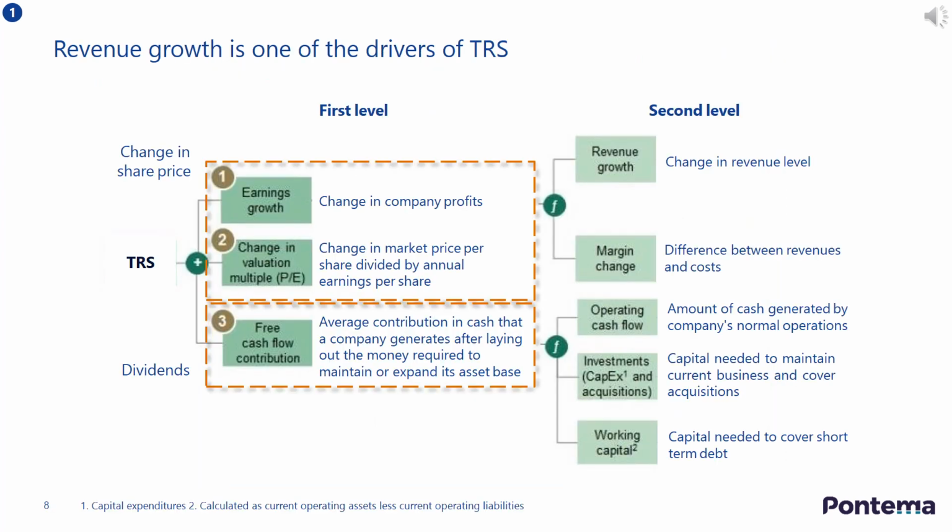If you drill down into the TRS calculation, at a first level, you find that earnings growth is a key driver for sustained shareholder value, together with two other main drivers, which are changes in valuation and free cash flow contribution. Drilling down to a second level, you can, for instance, see that revenue growth and margin are key drivers of earnings growth, and that operating cash flow, long-term capital investments, and working capital all drive free cash flow.